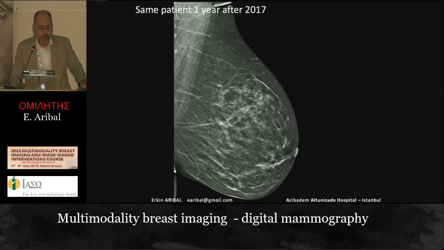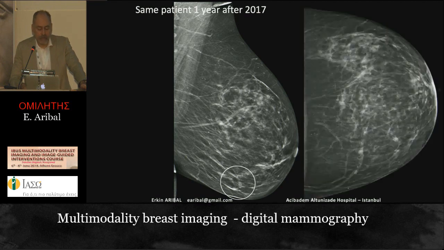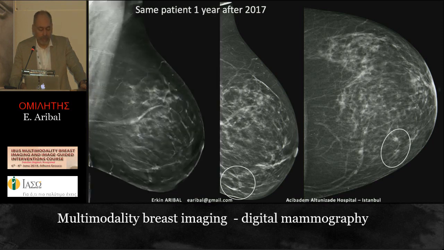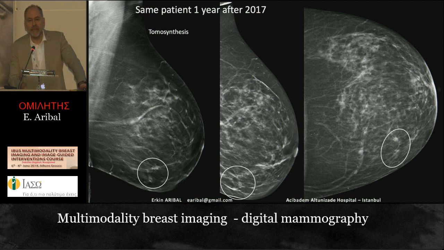And one year after this, in 2017, the same patient had something here on MLO and on CCs that was overlooked at that time. However, on tomosynthesis, you can easily see that these lesions are not well circumscribed, they are spiculated.